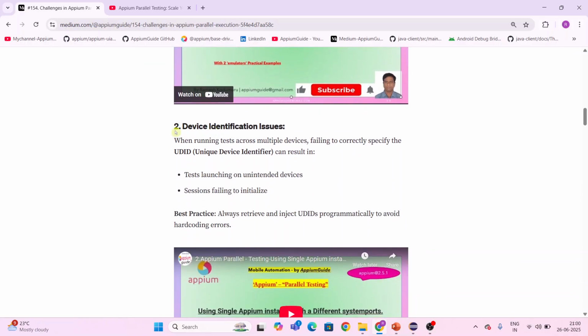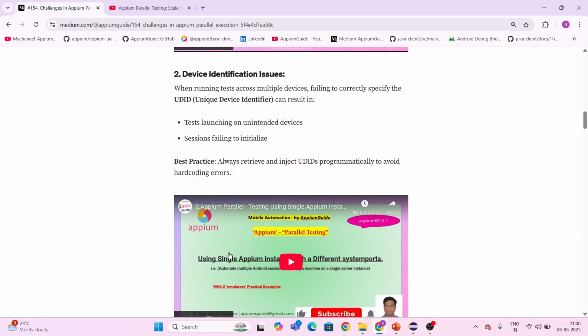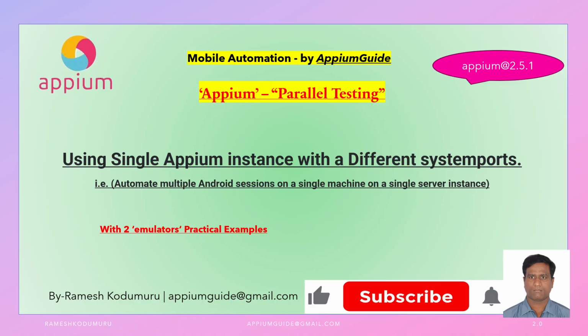The second is device identification issues. This comes into the picture when you are using a single APM instance with different system ports, that is, automating multiple Android sessions on a single machine or a single server instance.